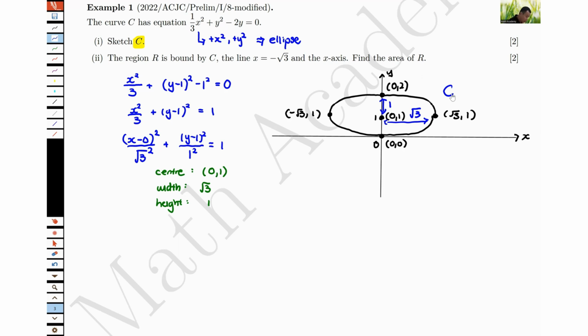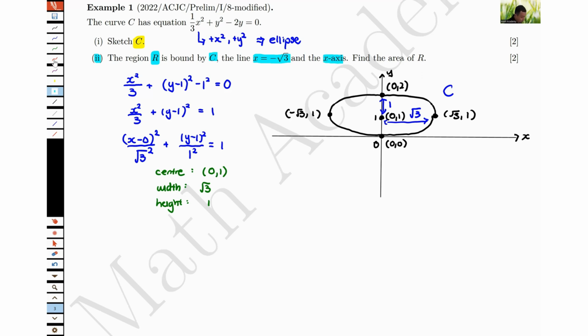Okay, so now can we try to get the area in part 2? I would like to get the area for region R that is bounded by your curve C, the line x = minus √3 and the x-axis.